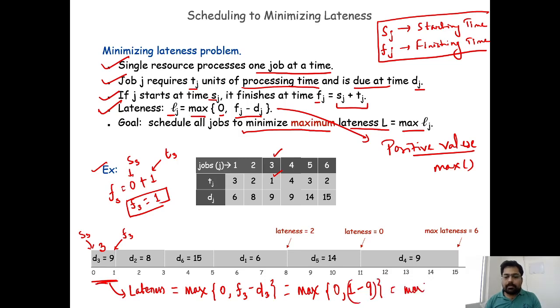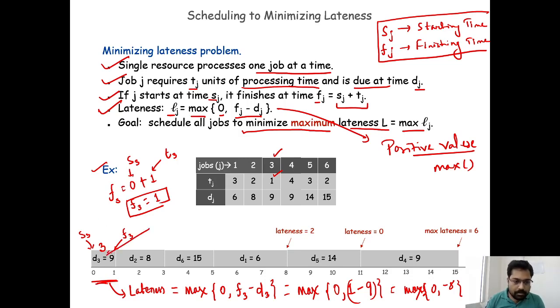Then maximum of 0 comma -8. We know the maximum is 0. This is why we can say the lateness is 0 here. So the lateness, small l of 3, is 0. Okay, it's not visible.